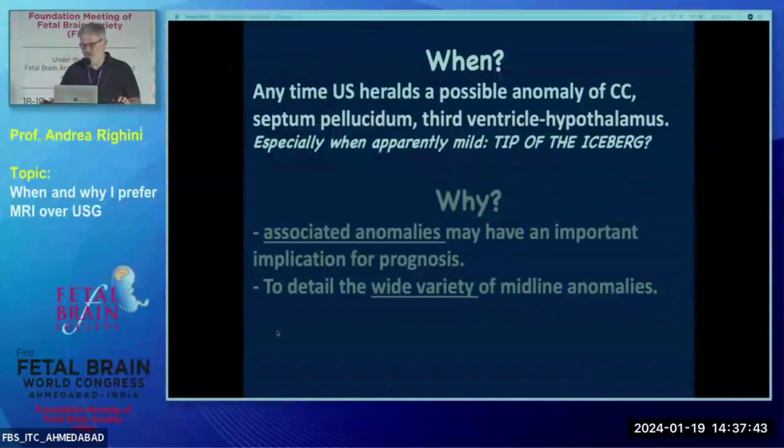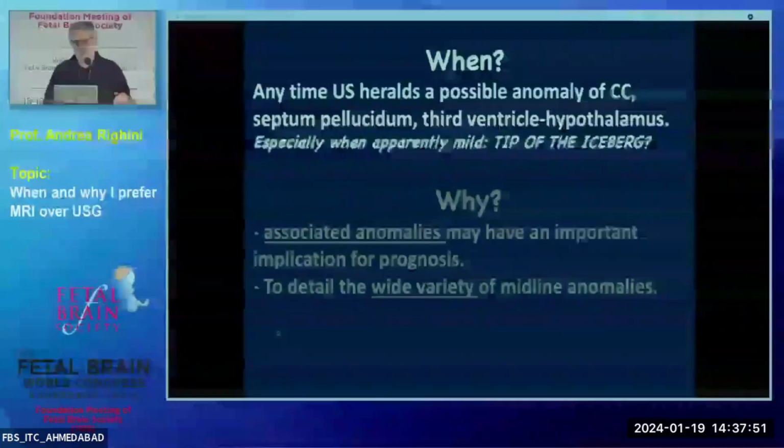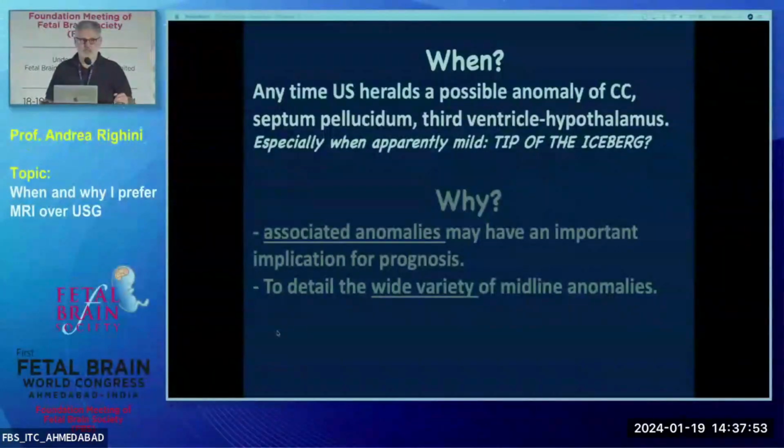So we do MRI, as I said in the morning, for associated anomalies which can influence the prognosis, and also because midline anomalies can encompass a large variety of entities.